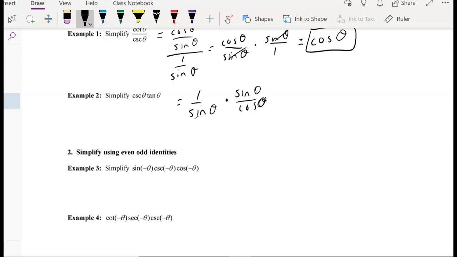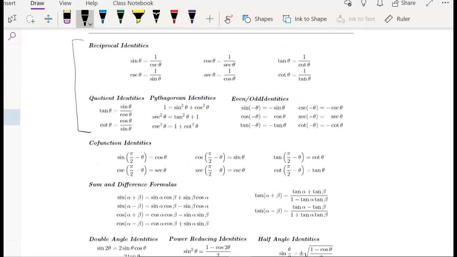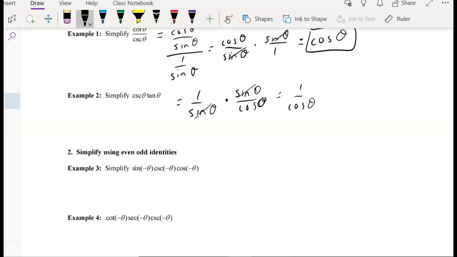And so we can cancel our sines, and we just get 1 over the cosine. Now you might think we're done, but we're not done, because 1 over the cosine is just, there it is, the secant. So the simplest form would be to say it's just the secant of theta.